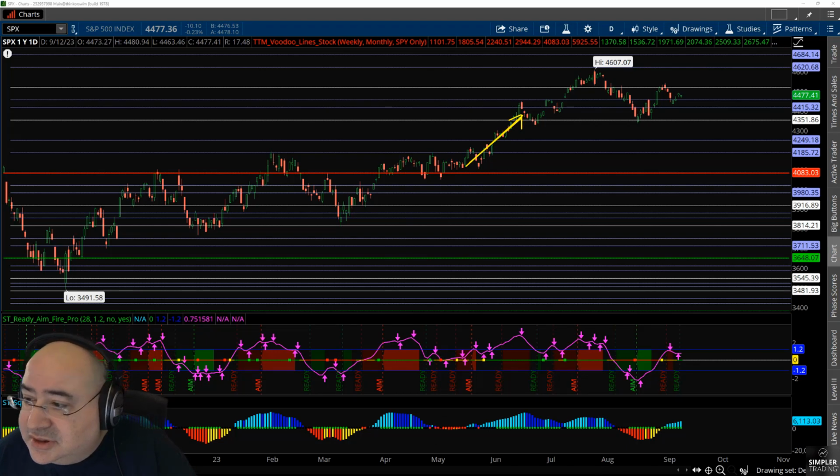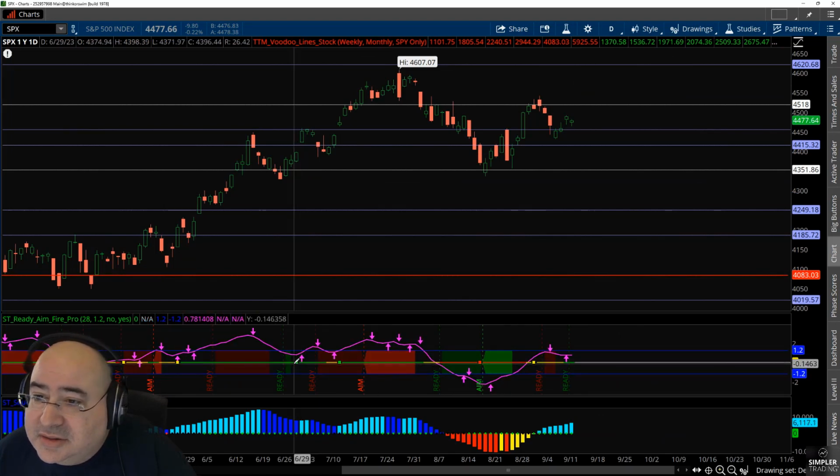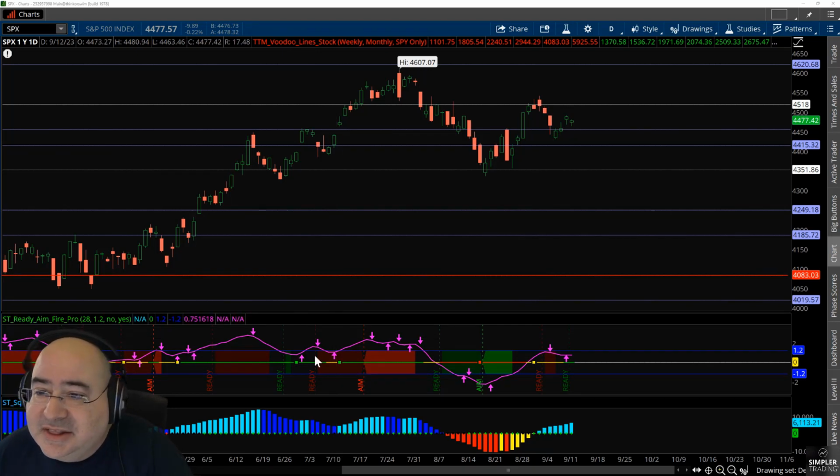So these are the little signals on the center line here in the indicator. In TOS, they're little squares. We try and make them squares as much as possible. I think they're circles on a few platforms, right? But these indicate the potential to leave a period of consolidation and return to more trending action.